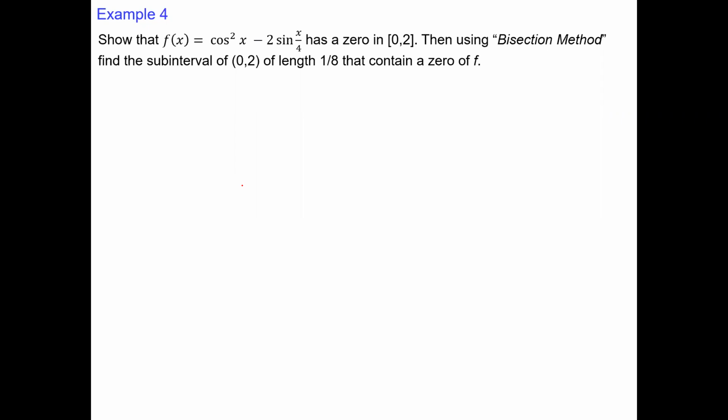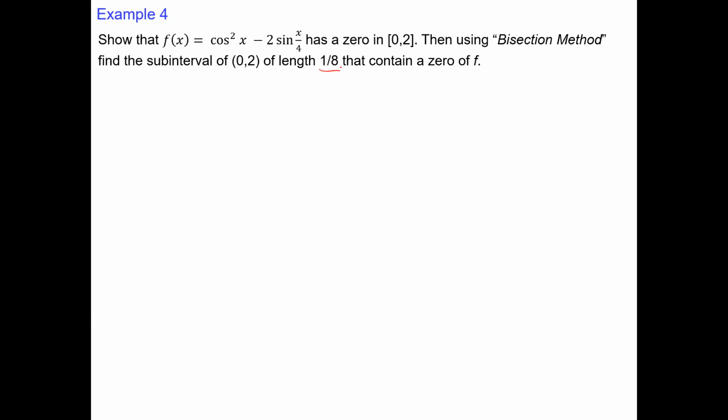Then we will use the bisection method and find a smaller subinterval in that 0 to 2 interval. Actually, they're asking for the subinterval of length 1/8 that contains a zero of this function.